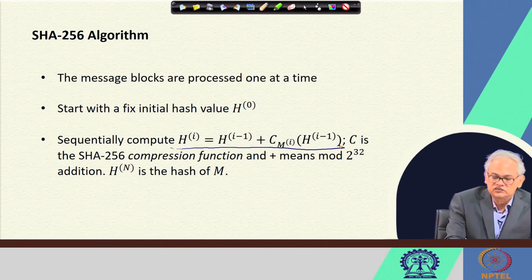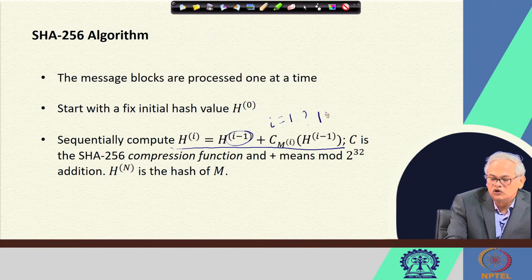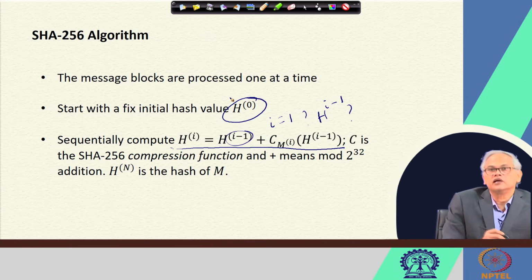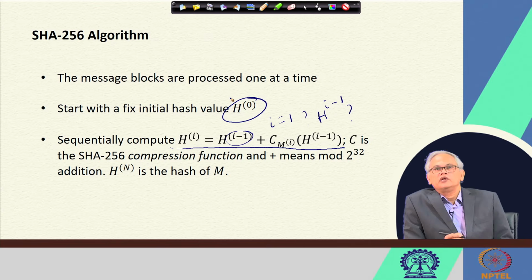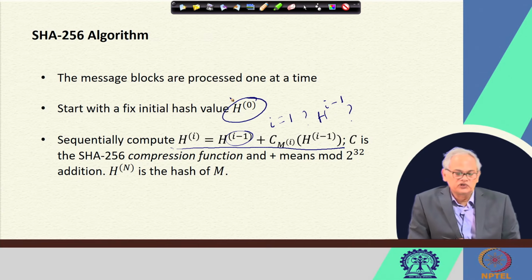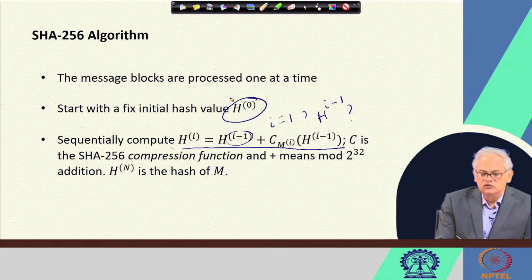Now, of course, it means that for H1 I need an H0, right. When i is equal to 1, what is the value of Hi minus 1? That is what is denoted here as H0. So, we consider a fixed initial hash value H0, and then we sequentially compute Hi using this particular formula. What is C here?